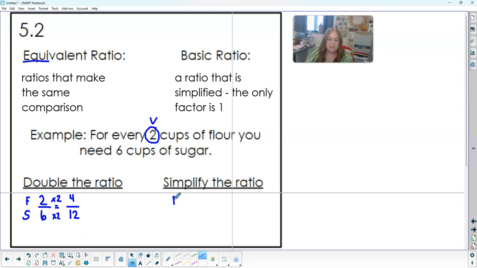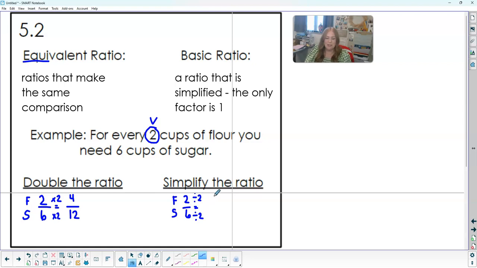Now, if I want to simplify and find the basic ratio, so if I was only doing part of this recipe, we need a factor that 6 and 2 can both be divided by. 2 can go into 2, and 2 can also go into 6. So we need to divide them both by 2.